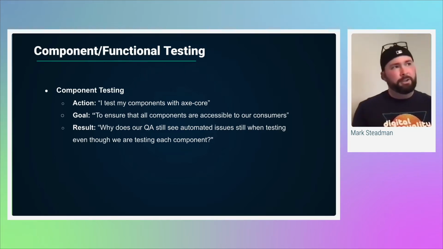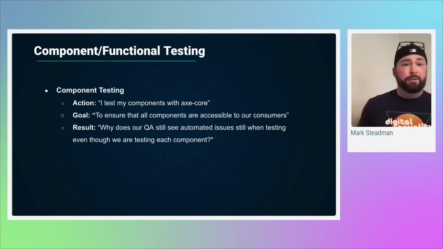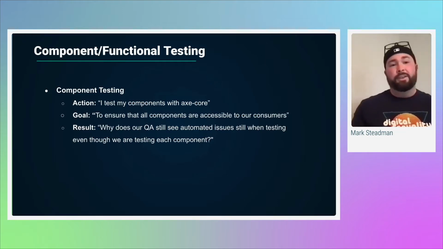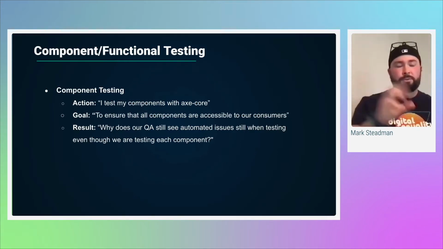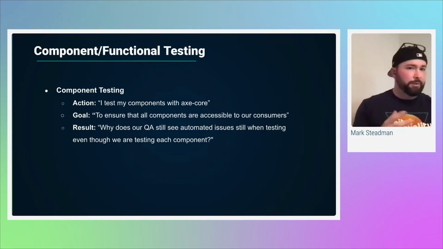That's weird. I'm testing my components, and they have no accessibility issues when I test with Axe-core, right? But why, when QA gets them onto a page, do accessibility issues come back? It's mistake number one when it comes to testing content: I'm testing one level of test. What happens when I put two components on a page? Do I know how those components interact?